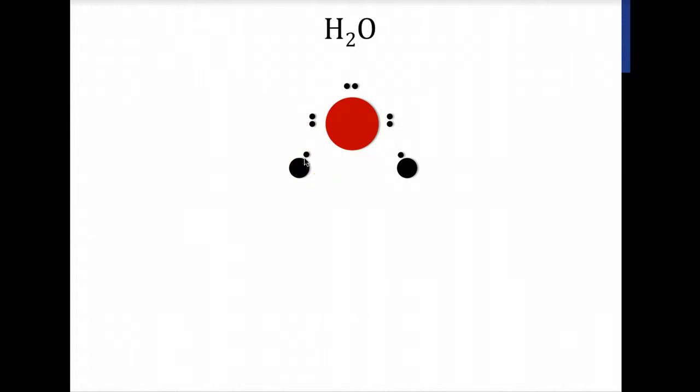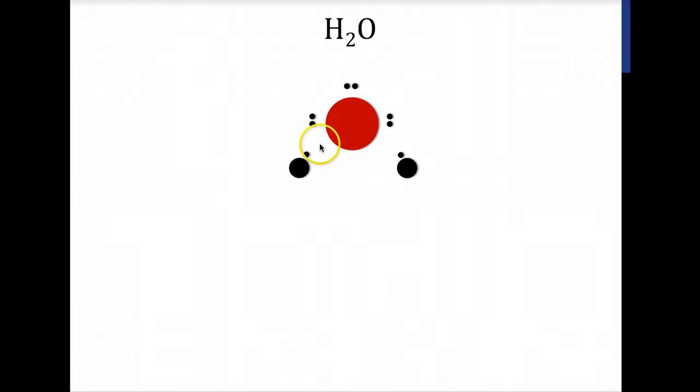I'm sorry, a full, not octet, because octet means 8, a full outer shell. Same thing with this hydrogen. It has its own, plus oxygen is going to share this one. So it thinks it has a full shell. Now what's happening with oxygen? Well, oxygen has its own 6, but it's going to share this one with hydrogen, and hydrogen is going to share this one with oxygen.